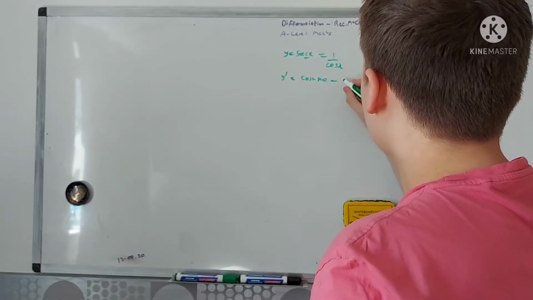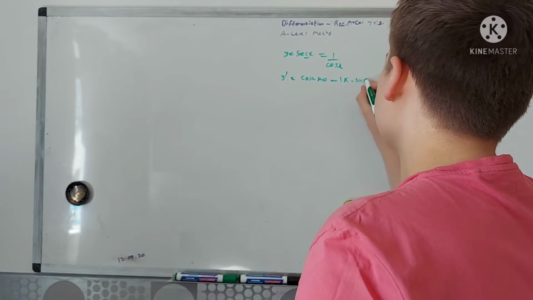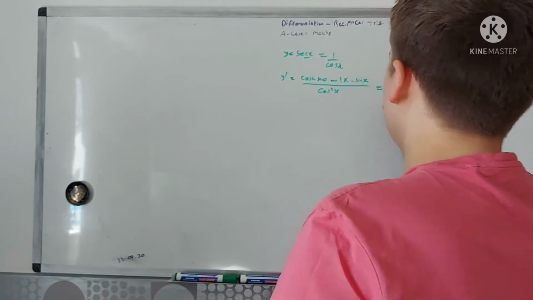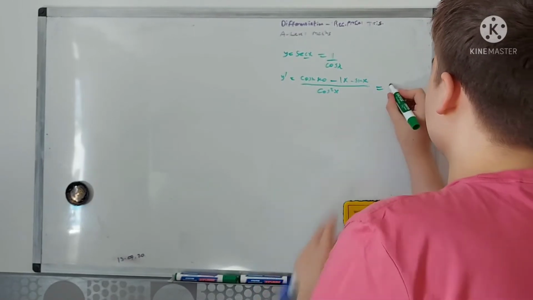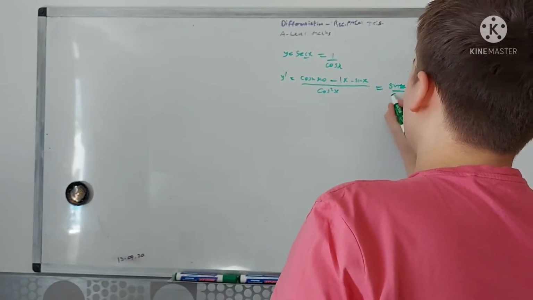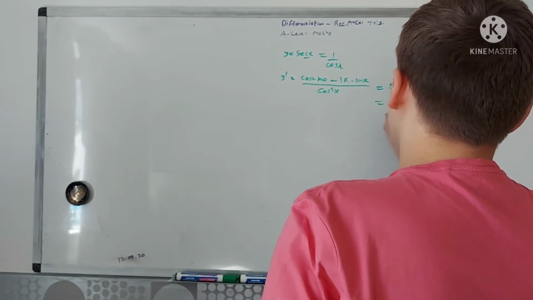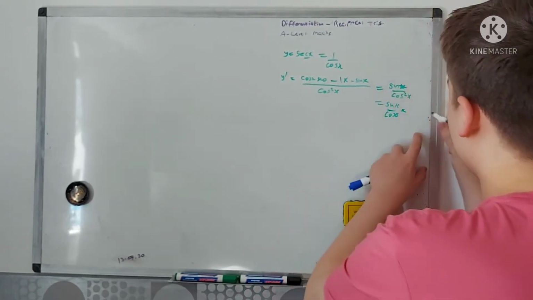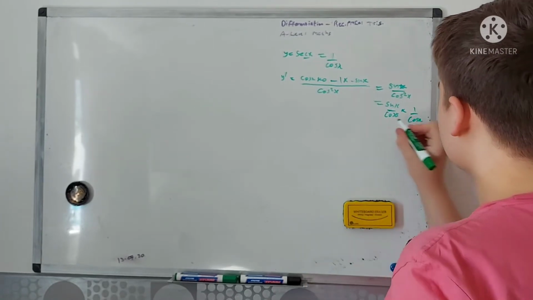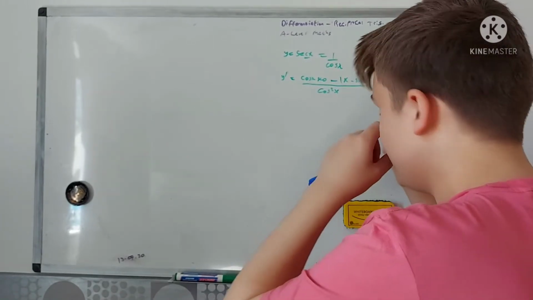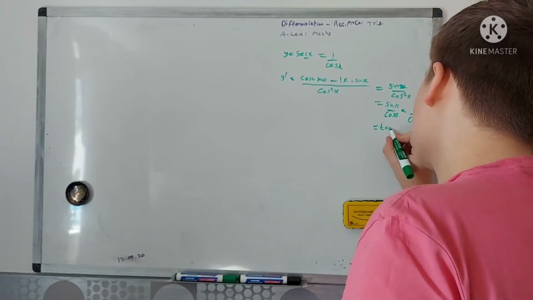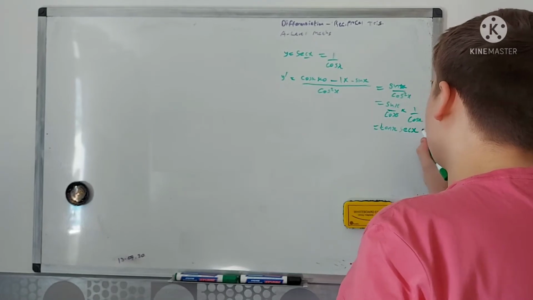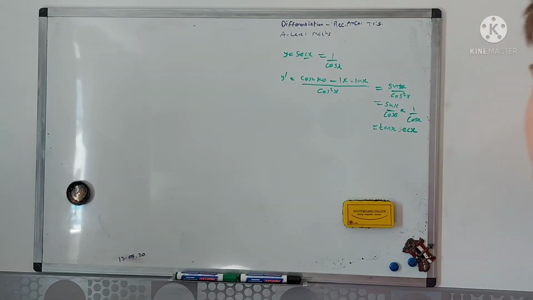So it's minus 1 times minus sine x, all divided by cos squared x. So minus 1 times minus sine will just give us positive sine x over cos squared x, which I can rewrite as sine x over cos x, multiplied by 1 over cos x. Sine over cos, we know, is tan, so we get tan x times sec x. So it's tan x sec x or sec x tan x, whichever way you want to write it.